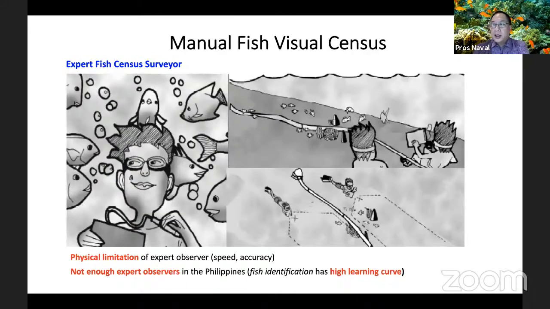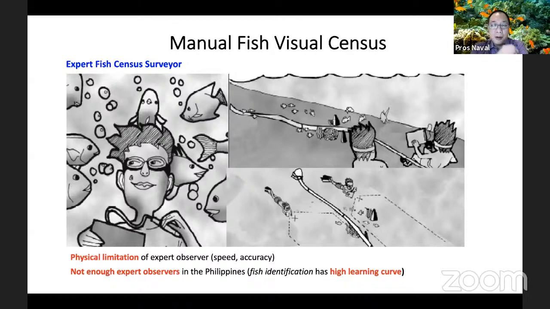Now, the manual method of conducting fish visual census suffers from biases and limitations that tend to overestimate or underestimate reef fish assessments. For example, when a diver is present in an area, obviously the fish get agitated or swim away.